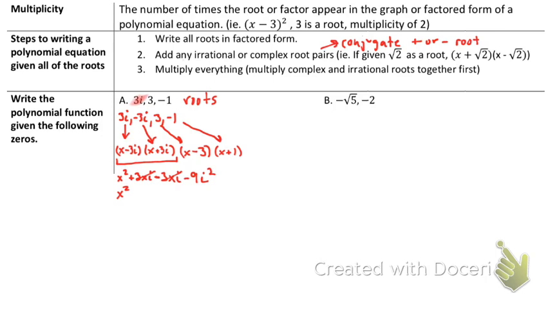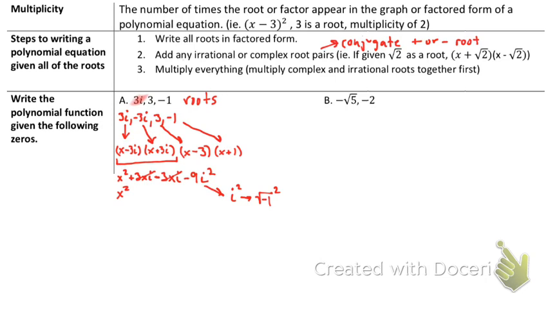Okay, so I want to do a little side note here on what happens when you have i squared. When you have i squared, if you recall from IM2, i is really the square root of negative 1, squared.